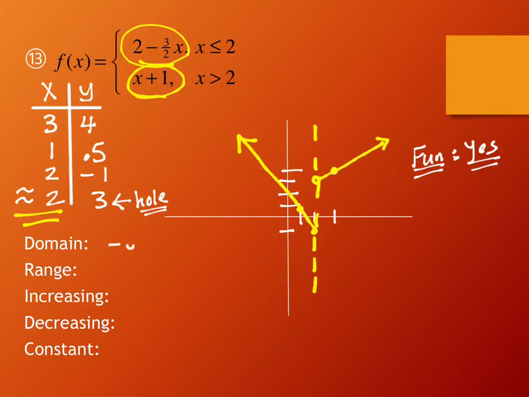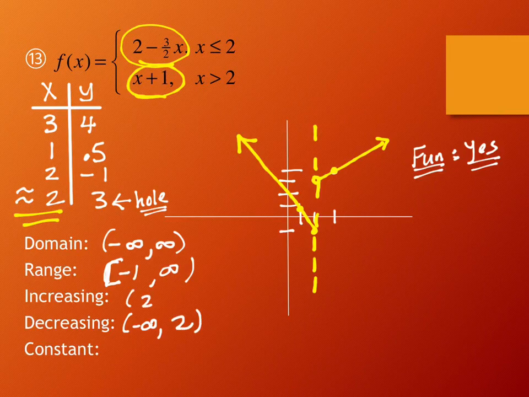The domain, again, is negative infinity to infinity. The range is actually, let's see, down there at -1, which is a bracket, to infinity. It is decreasing from negative infinity to the value of 2, increasing from 2 to infinity, and constant nowhere. Definitely a different kind of graph.